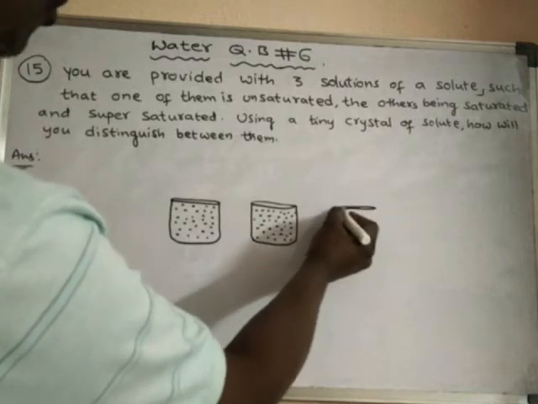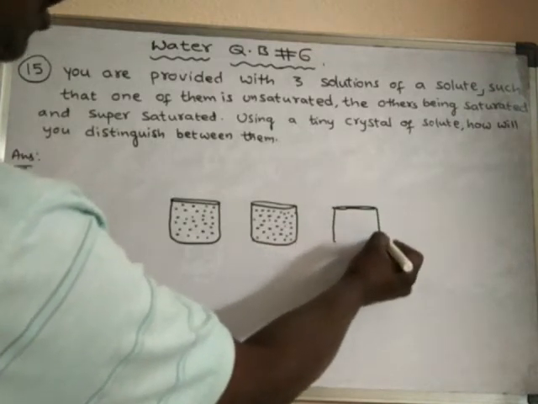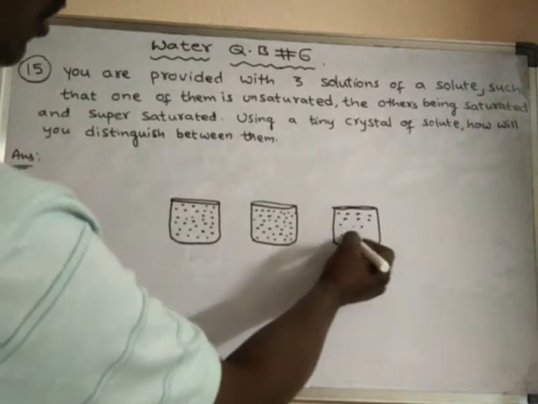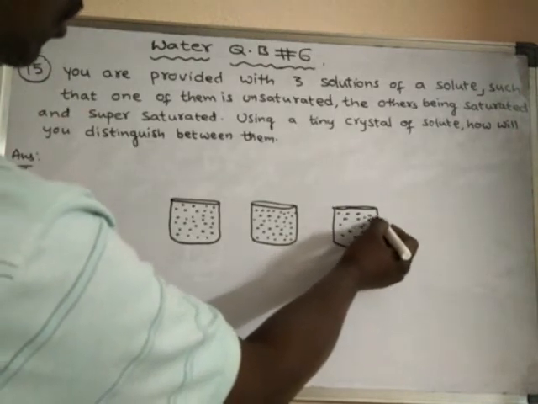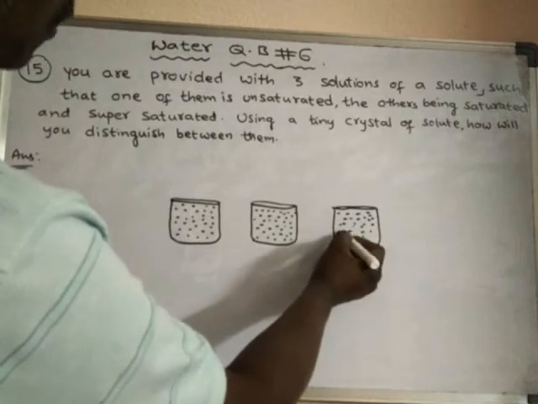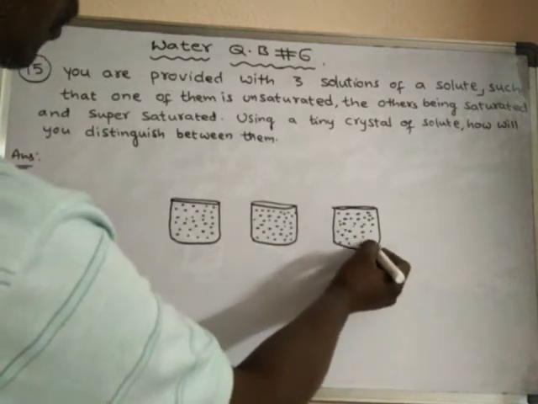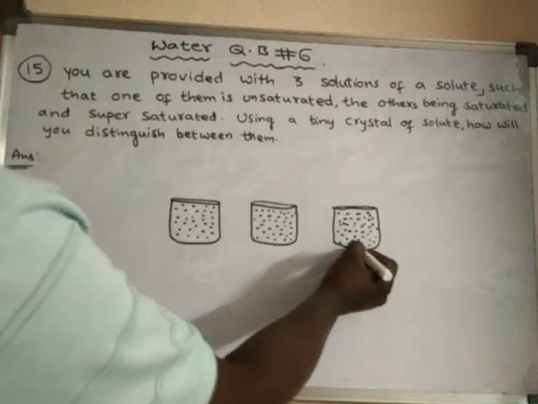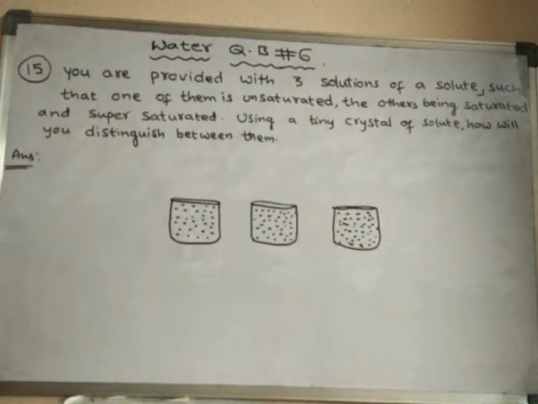And one more solution made up of the same solute. So in all these cases, the same substance is dissolved in water. So there are three solutions.